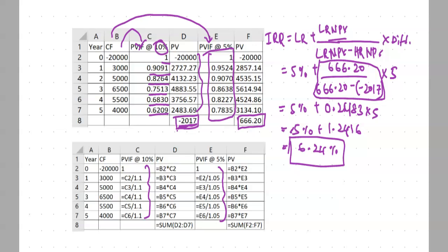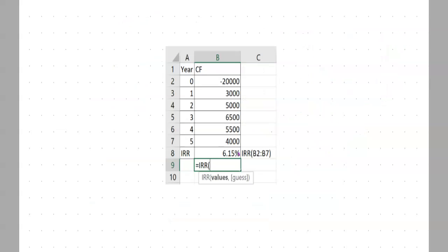So let's understand how to use the spreadsheet to calculate NPV and IRR. You will write down the cash flows in ascending order from year 0 to year 5. Then you need to use the function equal to IRR, and give the values after that, that is year 0 cash flows till year 5 cash flows.